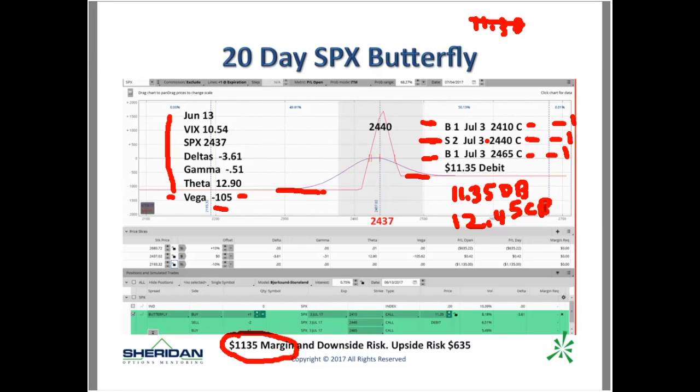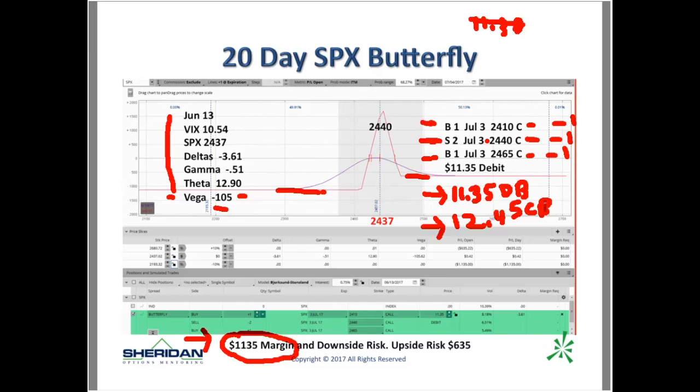Thank you, John. Yeah, right? If I paid $1,135 debit and I'm trying to make roughly 10% on margin of $1,135, it'd be $110. So if I bought it at $1,135 debit and I sell it at $1,245 credit, does everybody see that?